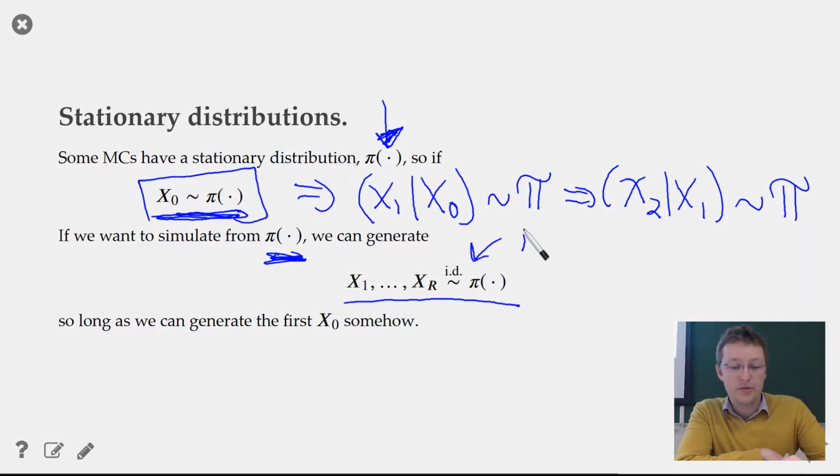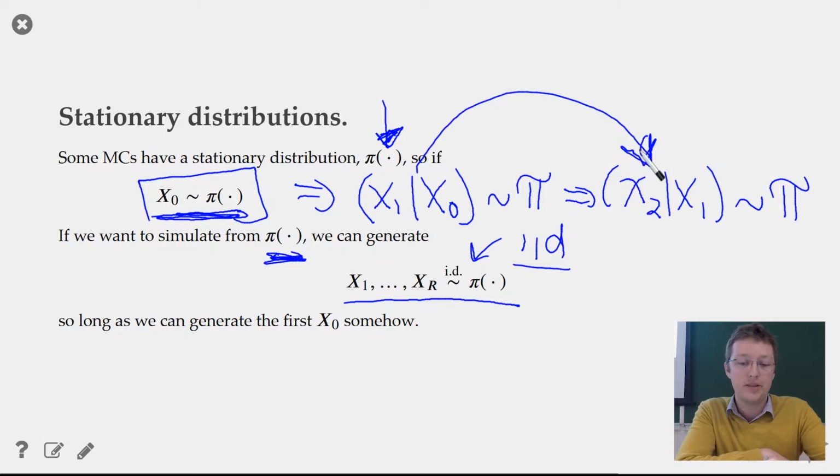Note, it's not IID. Even though x1 and x2 here have the same distribution, they're not independent from each other. So this is the fundamental difference from the previous crude Monte Carlo, where every time you make a replicate from your distribution, they're all independent from each other.